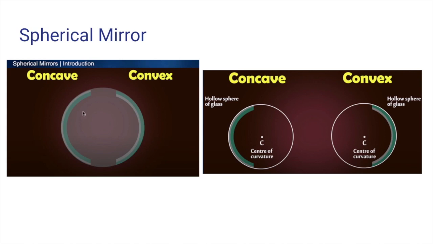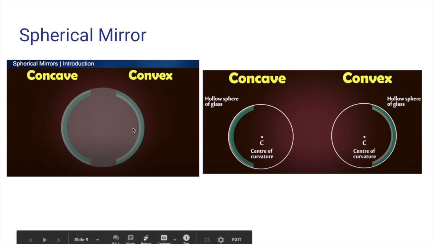This is glass, this is silver, this is silver, this is glass. For a concave mirror, the light will come like this, get reflected and come back, right? And for convex, light will come like this.